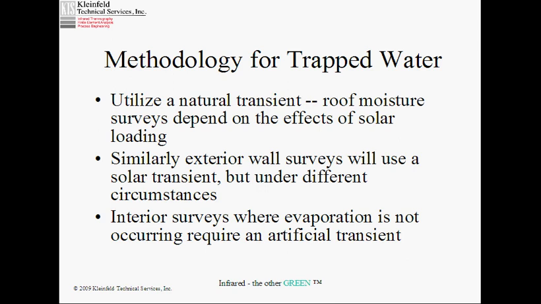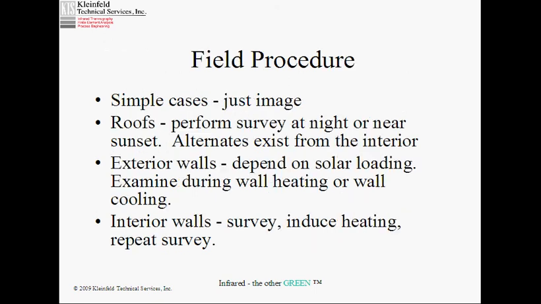However, if you can't get a transient, if it's late November and you're looking at a north wall, you're sort of in trouble. Some of these are very weather dependent, both in terms of scheduling or even seasonally dependent in terms of being able to do it at all. The next step is to say, okay, how do I apply a transient to this? You know, lights, blowing hot air on it, depends on what the need is and what the scope of the inspection is.